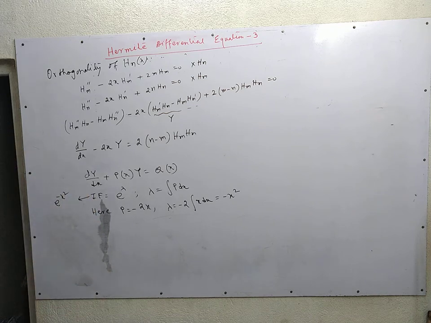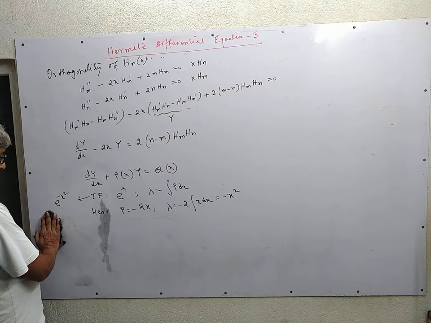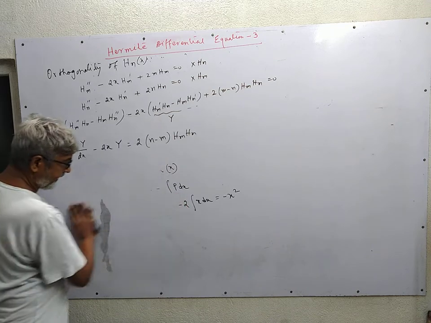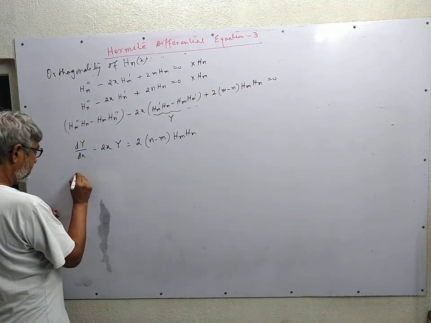So this is the first step. This equation is not an exact differential on the left hand side. But if we multiply it by this factor, it becomes an exact differential. So towards this, we multiply both sides by e to the power minus x square. So we multiply it.